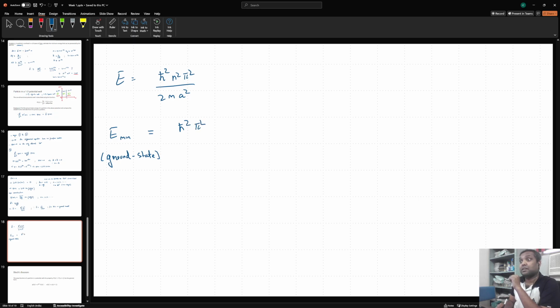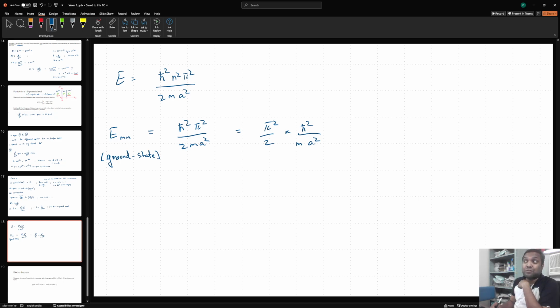Pi squared by 2m a squared. Now let us try substituting the values. So this is equal to pi squared upon 2 into h bar squared by m a squared.